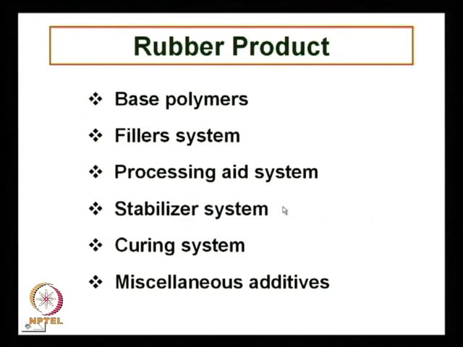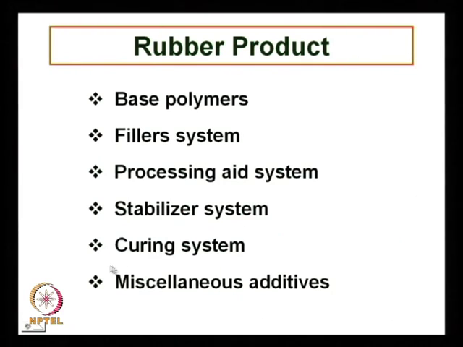Agencies like oxygen, ozone, heat, and electromagnetic radiation like ultraviolet radiation degrade the polymers, because they are hydrocarbon in nature. Chains are broken down, molecular weight is reduced, sometimes cross linking occurs, and it affects the final properties. To protect from such degradation, stabilizers are used, and they do not allow the polymer to be degraded.